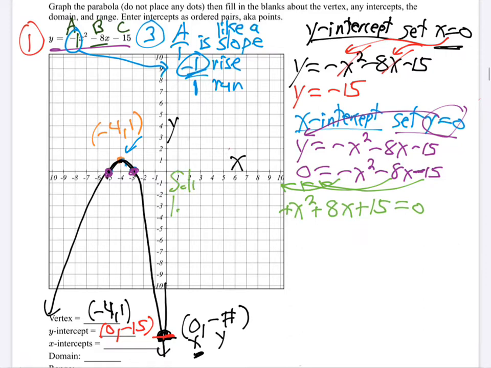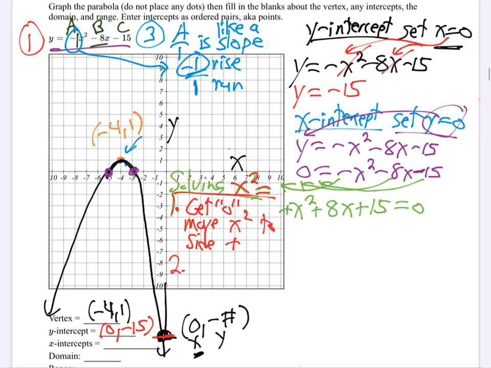So solving, how do you solve an x squared with an equal sign? What do you do? Step 1, get a 0 on one side and move x squared to the side where it's positive.